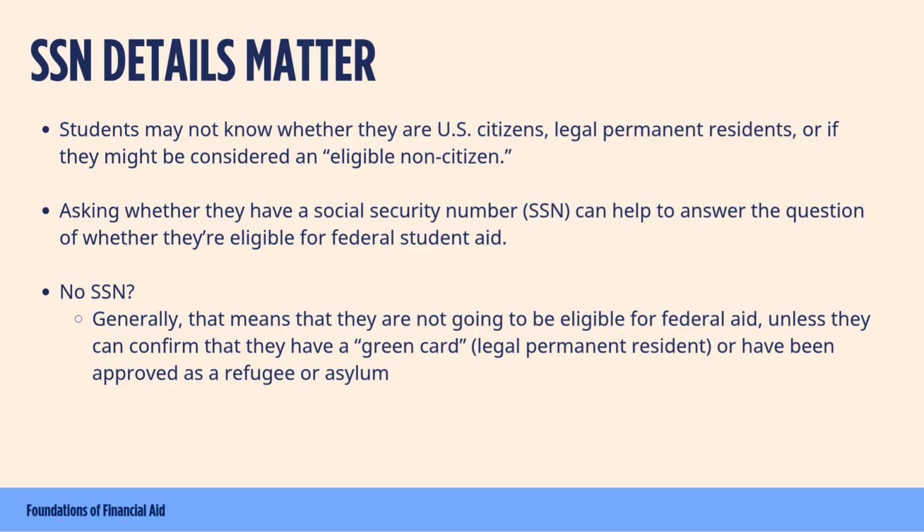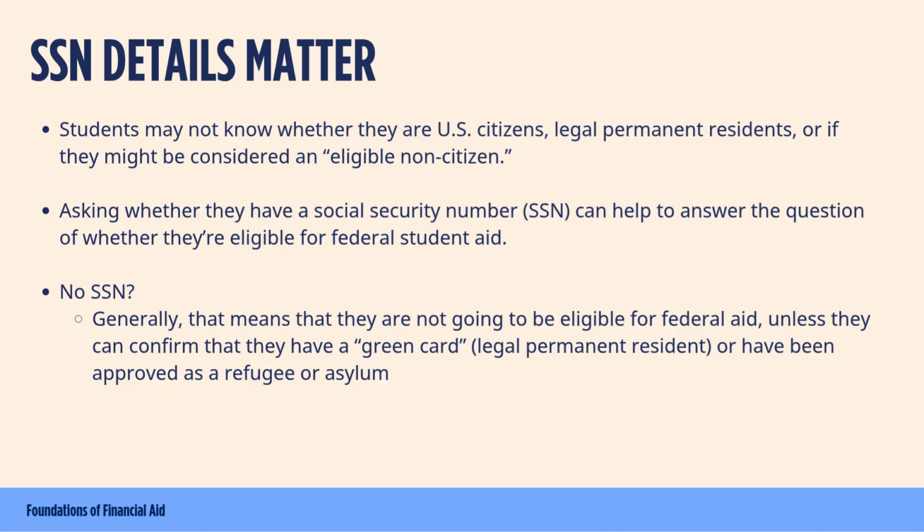So often high schoolers do not know what their immigration status is. This is usually the time in their lives when they're starting to understand these concepts and learn more from their families about their status. So they may not know if they're a US citizen, a legal permanent resident, or fall into one of the other categories of eligible non-citizen.